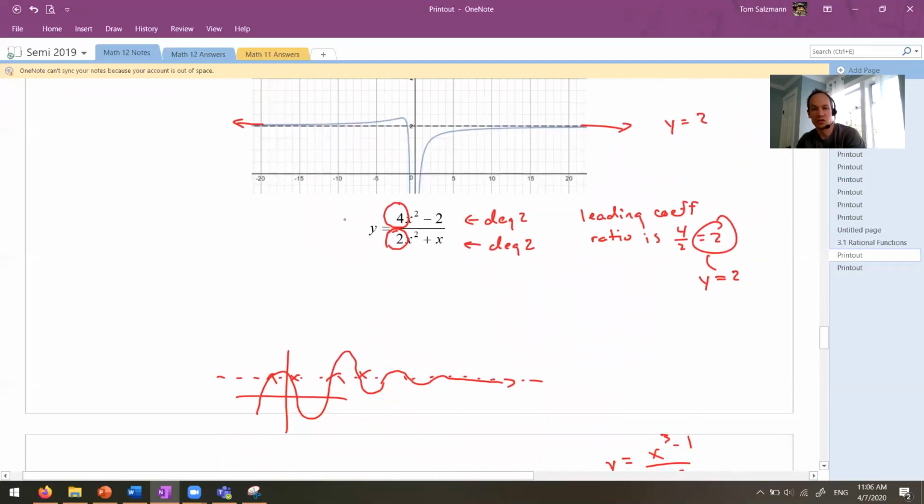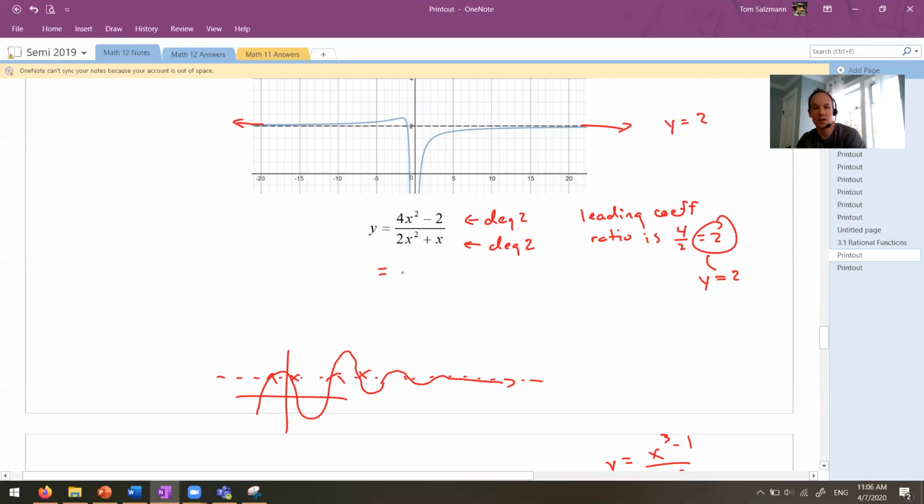In the situation when the two degrees are the same, I'm just going to erase that. We're going to say (4x squared minus 2) over (2x squared plus x). Think about when x gets really large. Does it really matter if we subtract 2? Not really. 4 times a million squared minus 2, who cares?